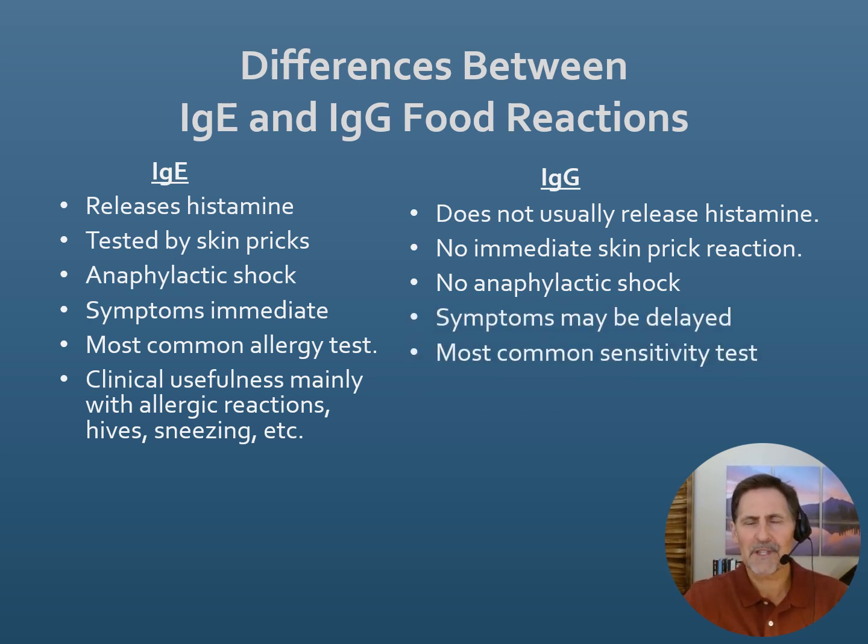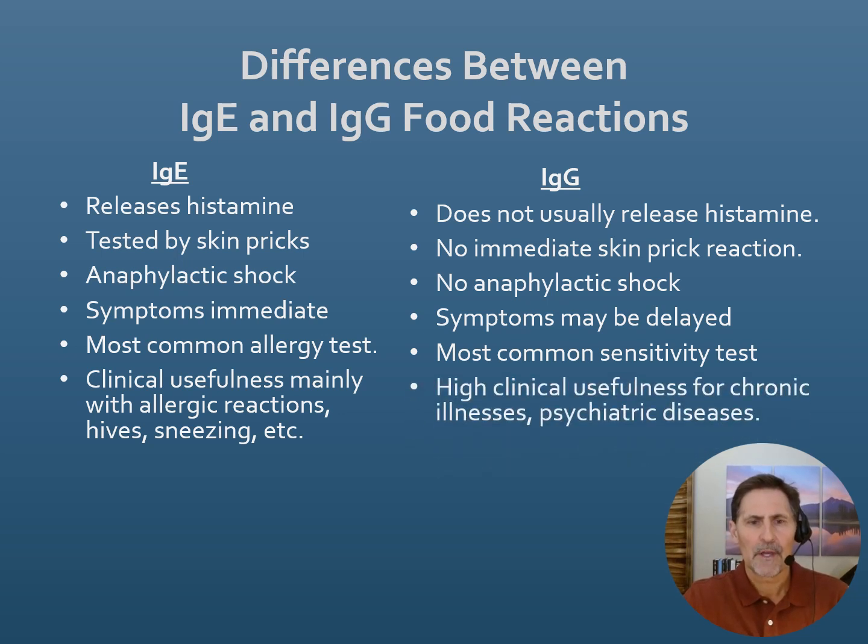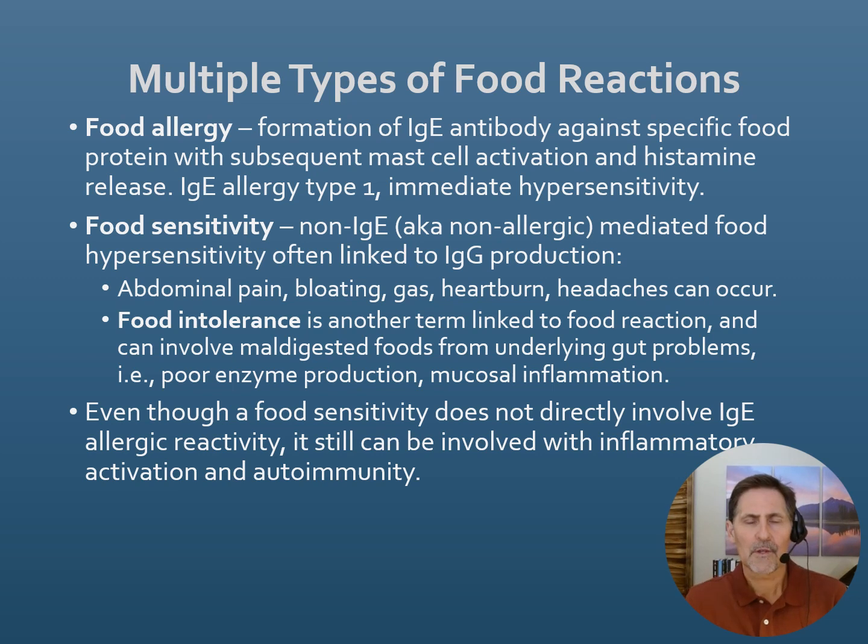So the symptoms sometimes can be vague. It might be joint pain, brain fog, gas or bloating, for example. And it is the most common food sensitivity profile to run. It has a lot of clinical significance for people with chronic illnesses as well as certain psychiatric conditions.